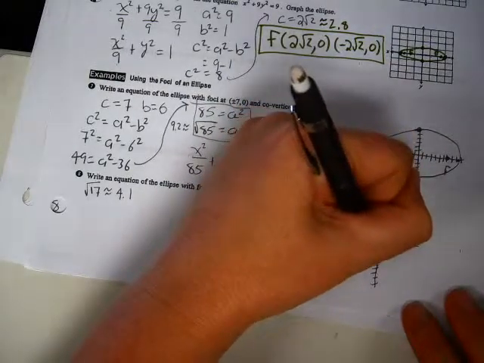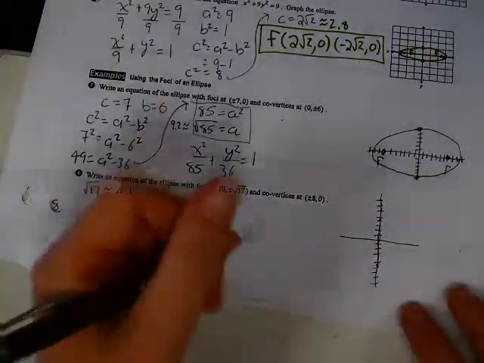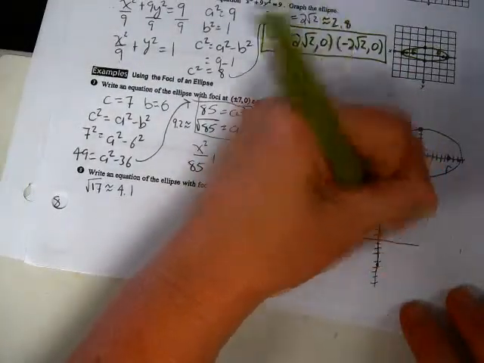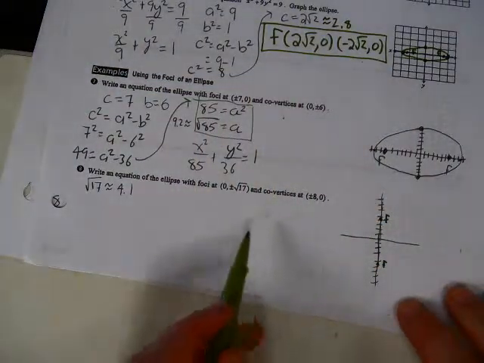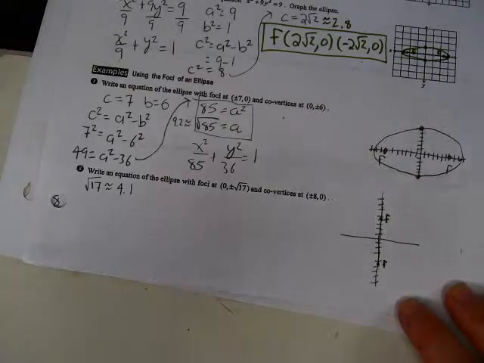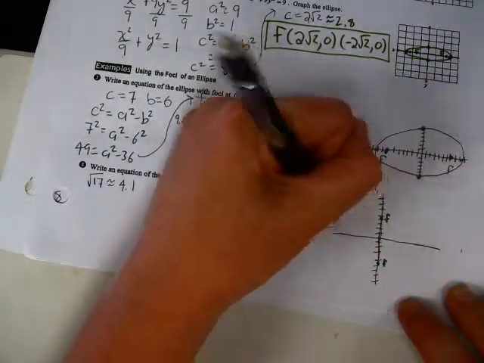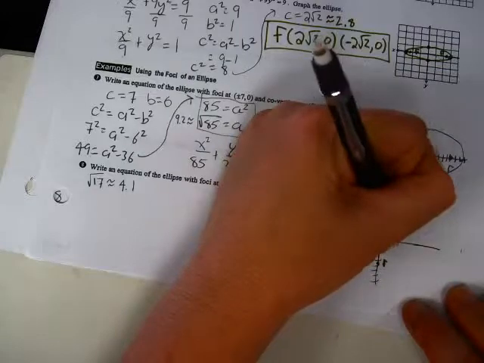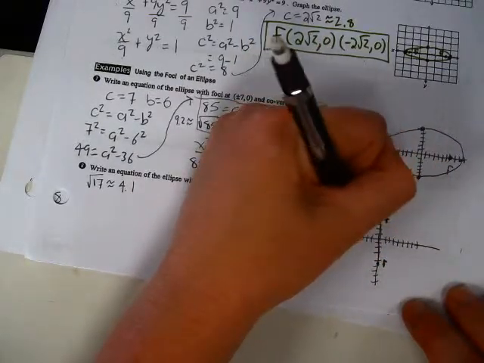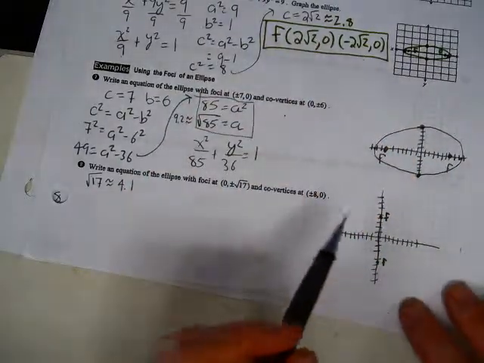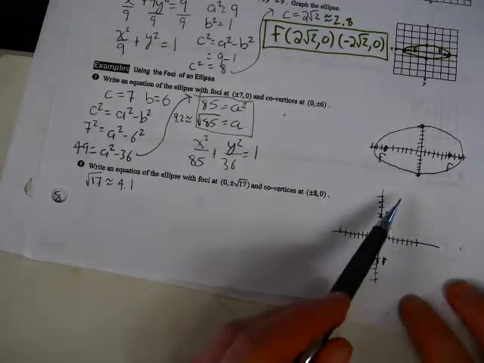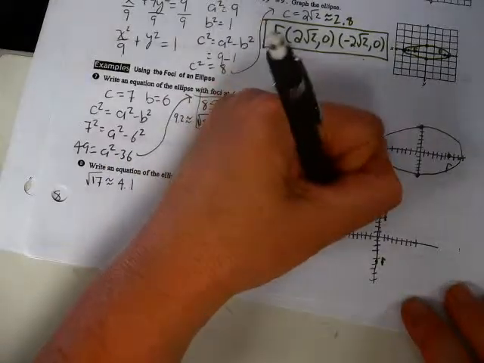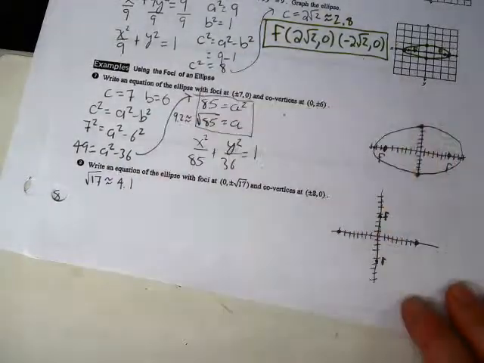Okay, those are my foci. Hard to see. What else do I have? I have co-vertices at 8: 1, 2, 3, 4, 5, 6, 7, 8. And I already know that my major axis is going to be vertical because of where my foci are. So here's my co-vertices.